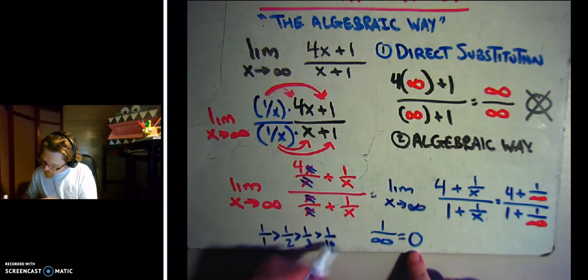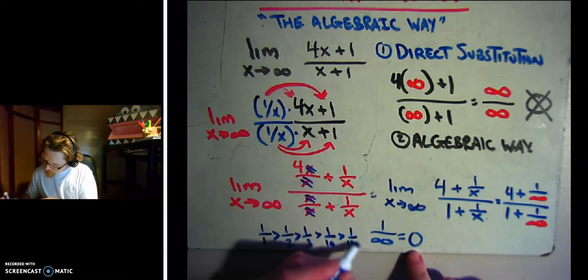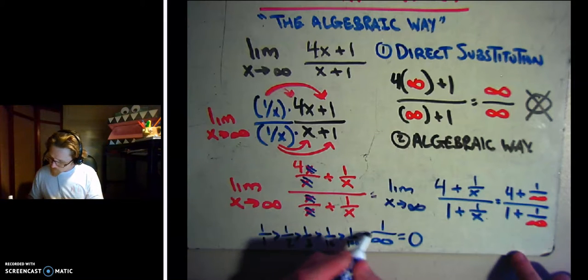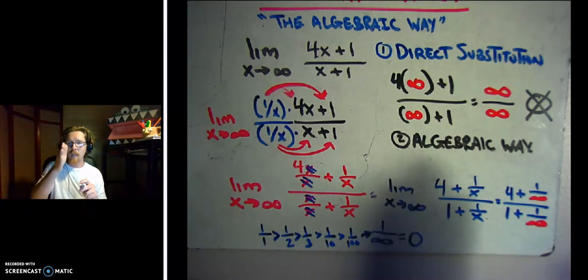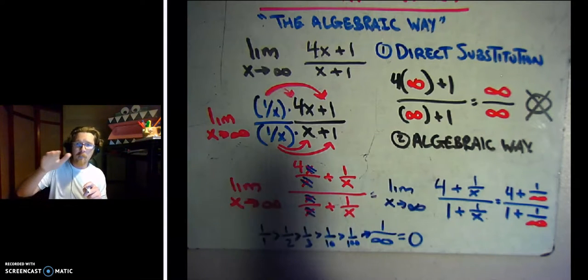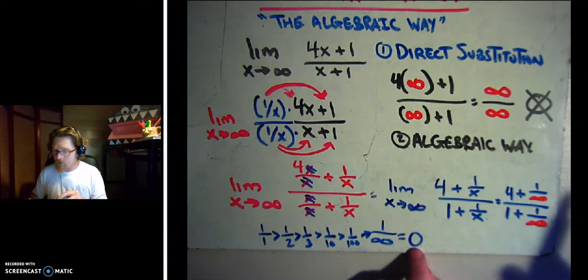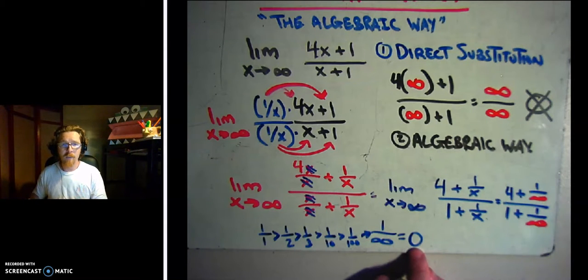So as my denominator keeps getting bigger, the actual value of that fraction gets smaller. When I take a circle and cut it into an infinite number of pieces, which is impossible, I actually have nothing left. It's all cut up and gone. And so we can say that 1 over infinity is 0.